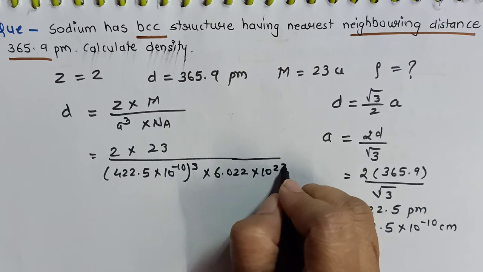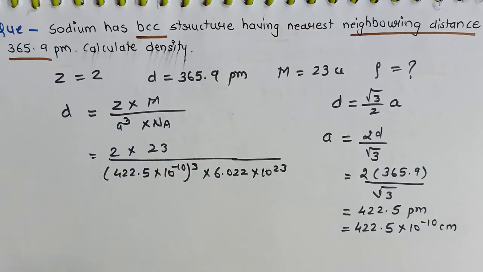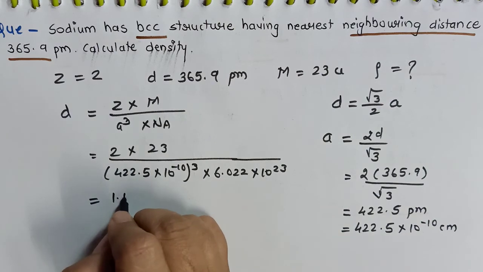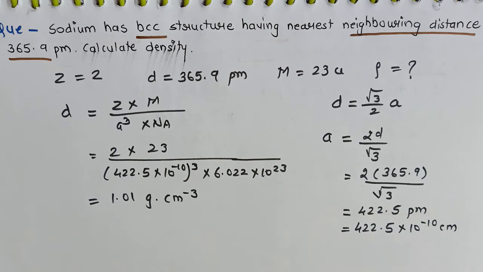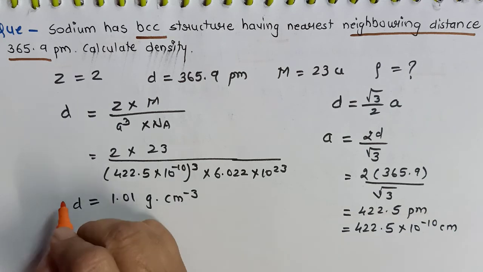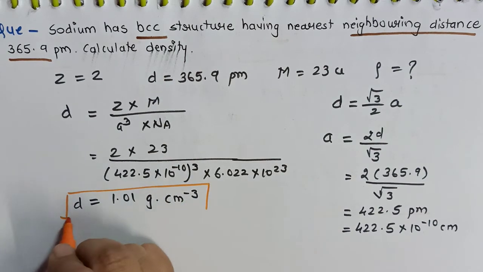One more thing, there are numericals sometimes where the calculation of Avogadro number is asked. So whenever the calculation of Avogadro number is asked, what is the mistake generally done by the students? They write directly the answer 6.022 into 10 to power 23. I will advise not to do this. Don't write the answer directly.